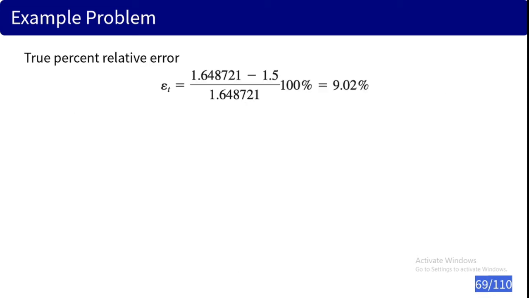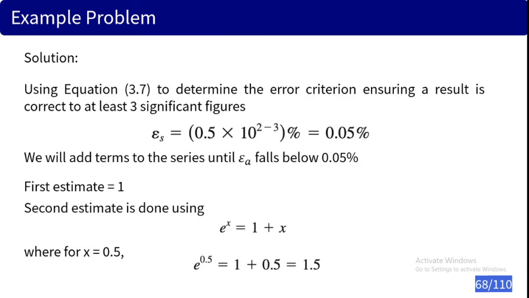Right? Next we get the true percent relative error. What is the true percent relative error? In this example we already know the true value. Please solve along with this problem; I encourage you to have a calculator, pen and paper.